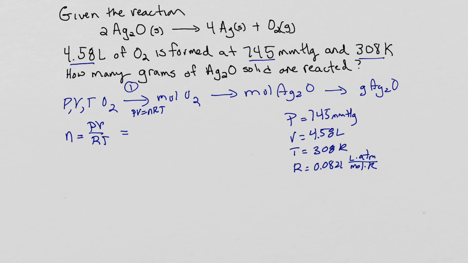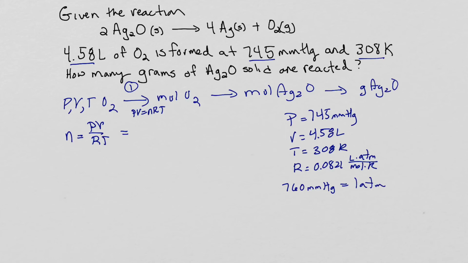So how do we convert from millimeters of mercury to atmospheres? The key conversion here is, remember, that 760 millimeters of mercury equals 1 ATM.